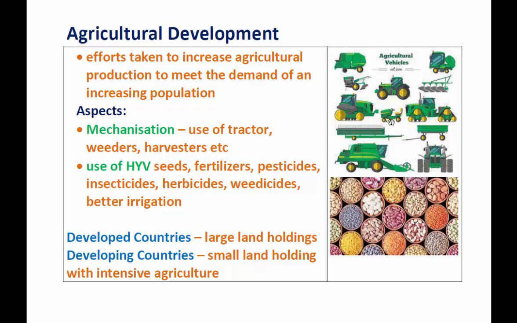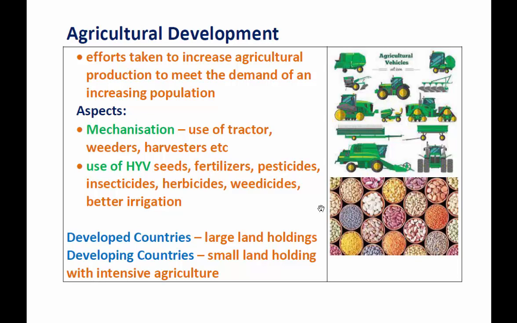You can see from the picture right here, these are the important mechanization aspects for the increase in agricultural production. We need to use this in order to produce more crops. All right. The second one is use of high yielding variety seeds, HYV. Okay, you can see from the picture.